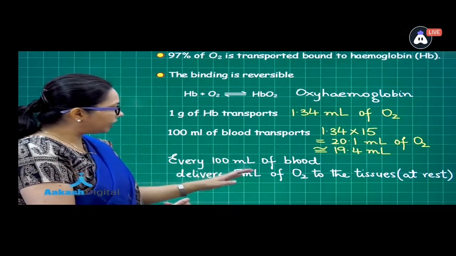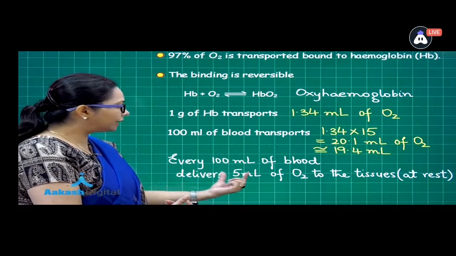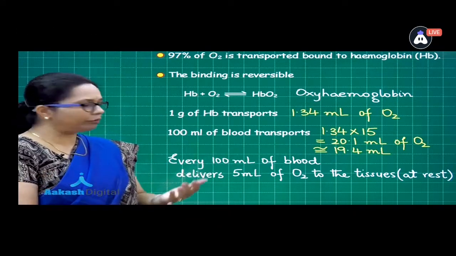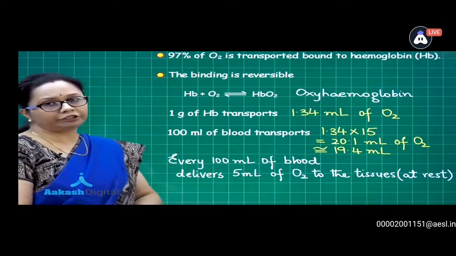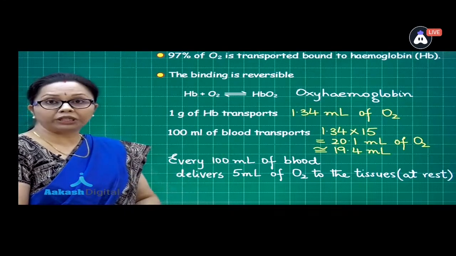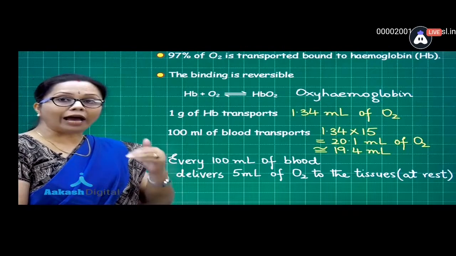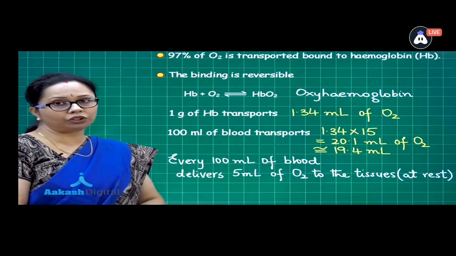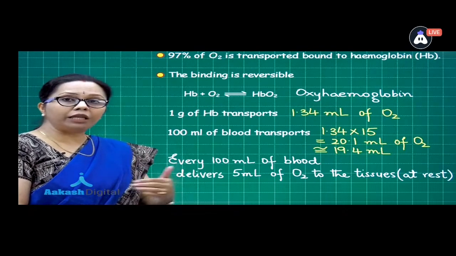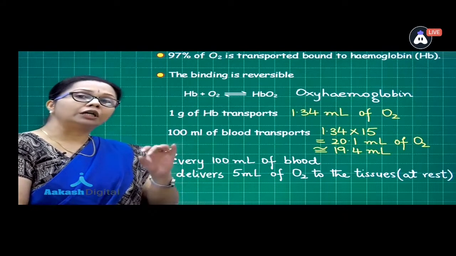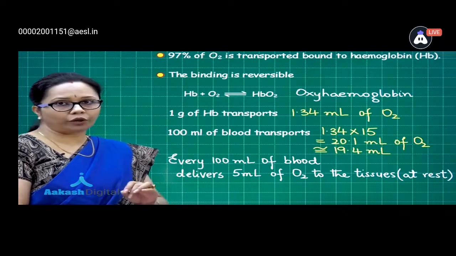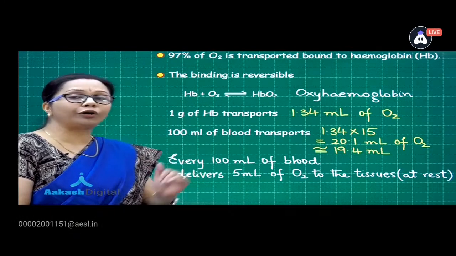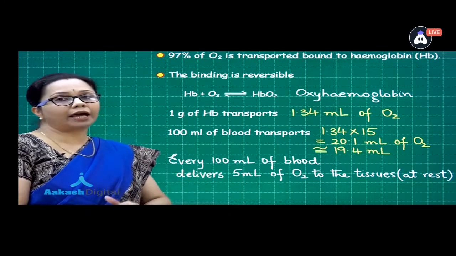So in this case, at rest, since 5 ml is delivered and the blood is carrying near about 20 ml, 5 upon 20 will come out to be nearly 25%. So actually our tissues are grabbing just 25% of the oxygen from the blood. The remaining 75% of oxygen stays there in the blood as a reservoir. So in case the tissue starts becoming more active, that reservoir is already there, so more oxygen can then diffuse into the tissue.